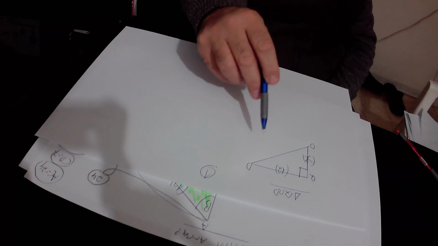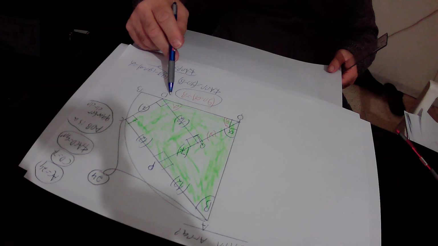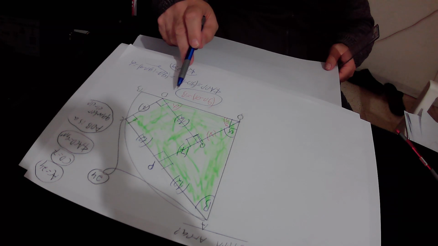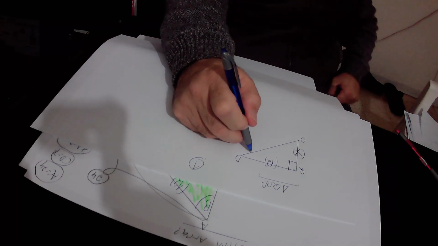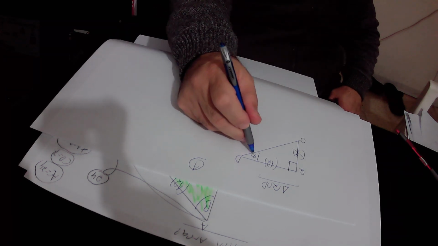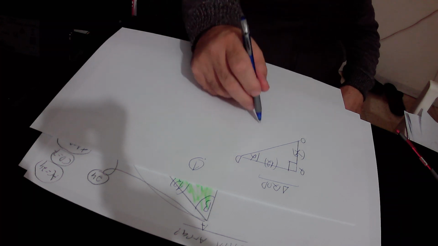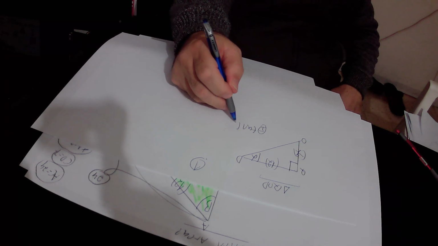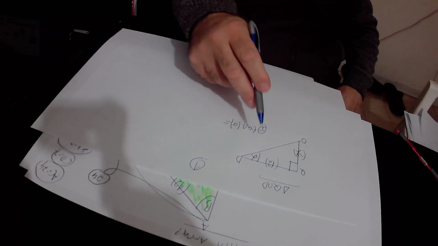Angle QDO equals alpha. So in this right triangle QDO, tangent alpha equals x over 12.